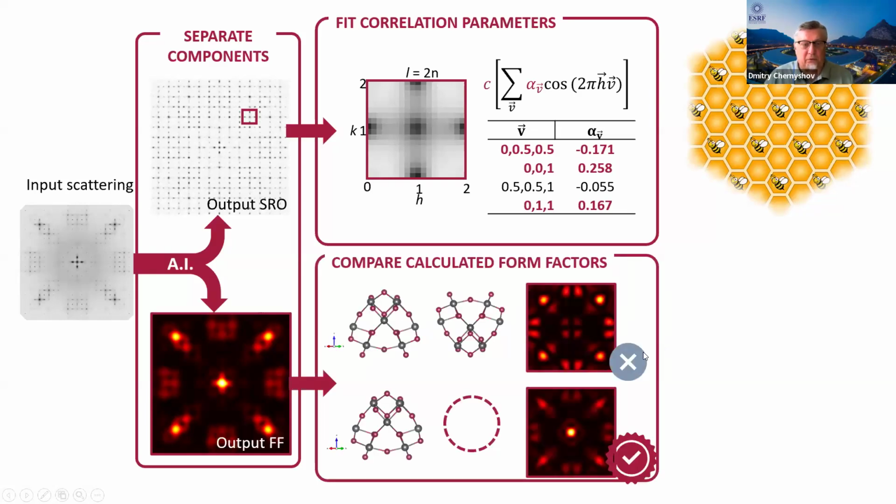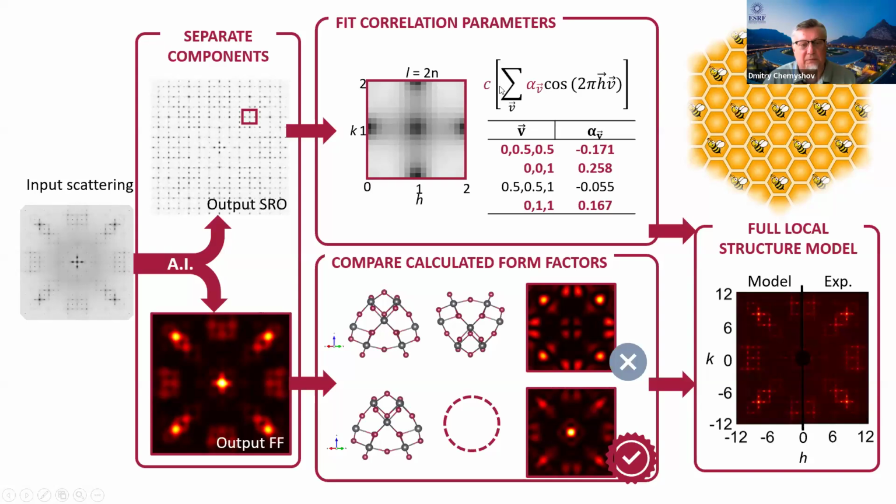If we compare calculated form factors, we see that for that we already need certain models. So we have a model of the cluster, which can be in two orientations. This is one of the versions of the disorder. It could be a cluster and an empty pore. Comparing what comes from the calculations, we see that the second case is much closer to what we have.